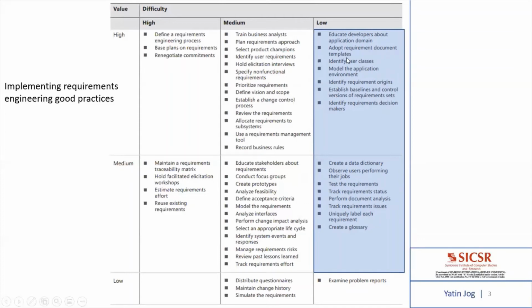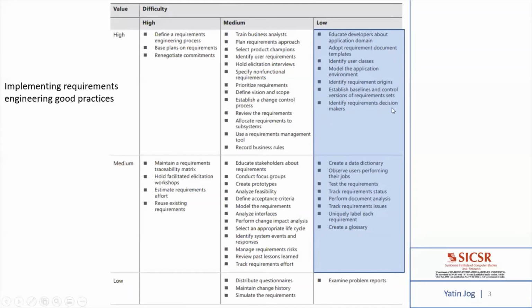Yes, your documentation has to be perfect, and the templates will help you to create proper documentation. Identify user classes. Yes, because if you identify correct user classes, user representatives, then you can collect maximum types of inputs in terms of requirements. You can model the application environment, identify the requirement origins, establish baselines, identify the requirement decision makers.